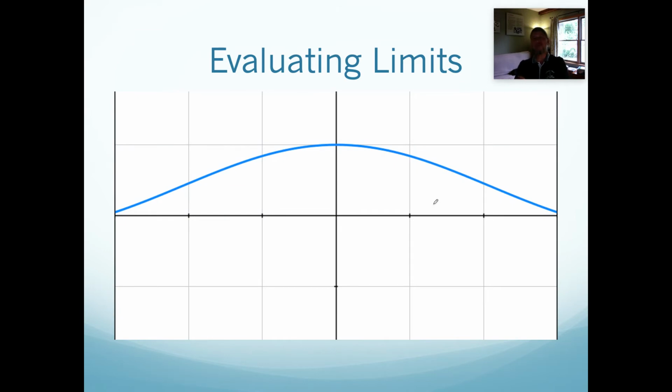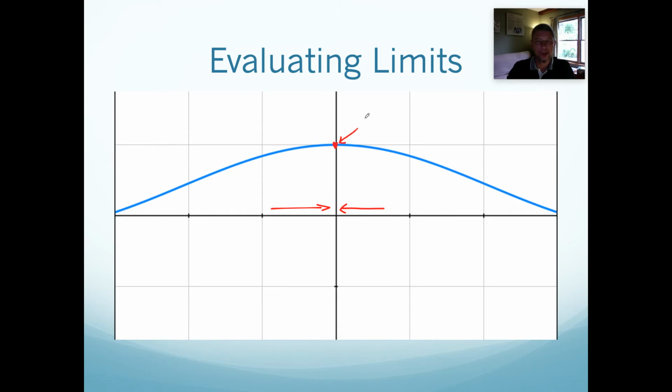And so if you do this graph, and this is from graphsketch.com, you'll see that as the value of x approaches 0, right, here, this line, the y-axis, is x equals 0.